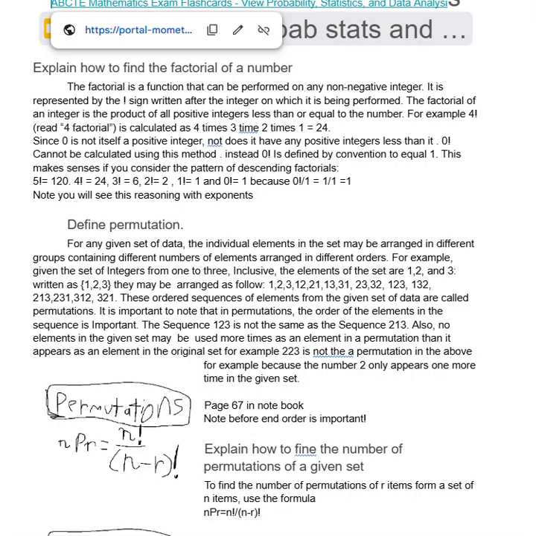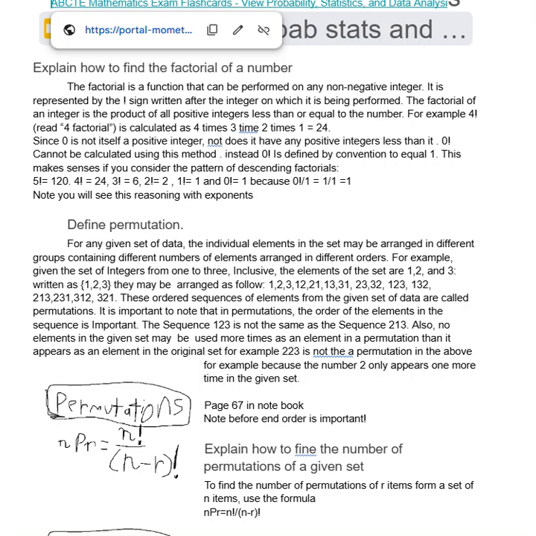This makes sense if you consider a pattern of descending factorials. 5 factorial equals 120. 4 factorial equals 24. 3 factorial equals 6. 2 factorial equals 2. 1 factorial equals 1. And 0 factorial equals 1, because 1 factorial divided by 1 equals 1 over 1 equals 1.